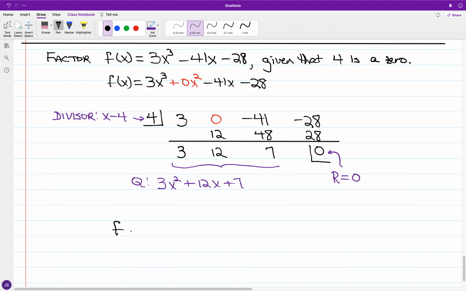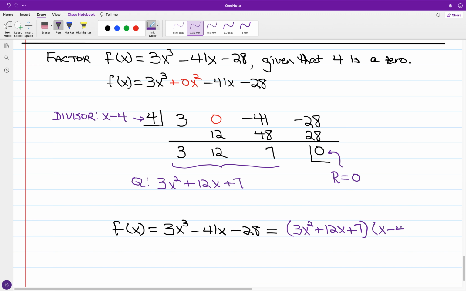So in factoring f of x, 3x cubed minus 41x minus 28 is equal to 3x squared plus 12x plus 7 times the quantity x minus 4.